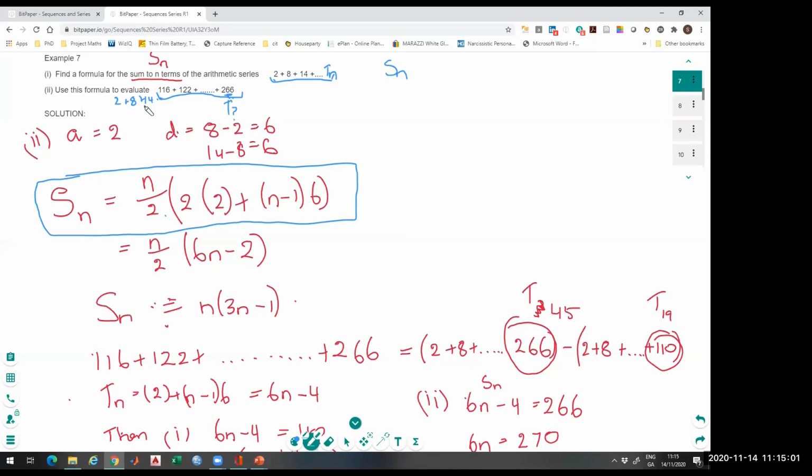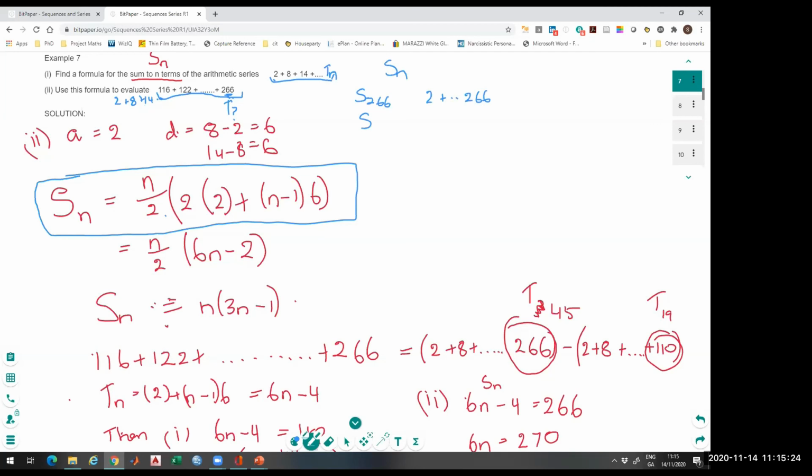So what we do is we evaluate the sum of S266, which takes in everything from 2 all the way up to 266. So it's basically adding up everything up to 266. But we also get the sum up to the previous term before 116.